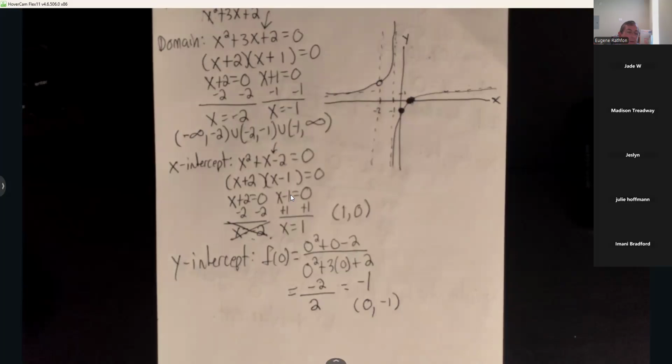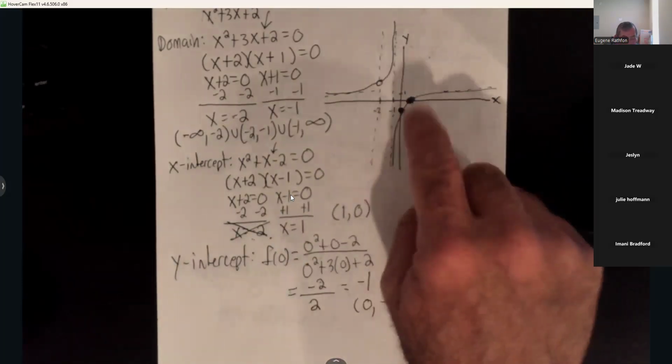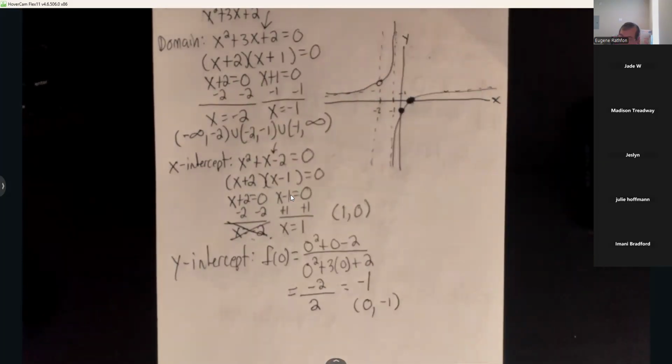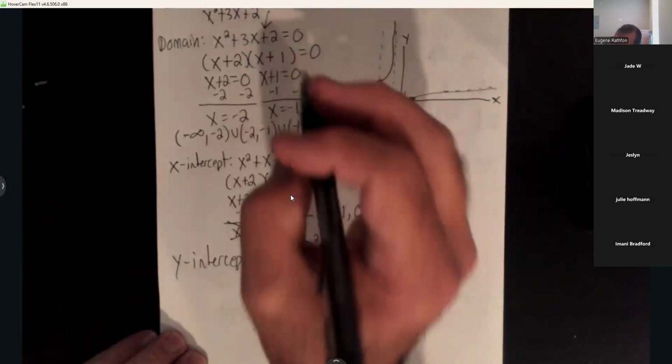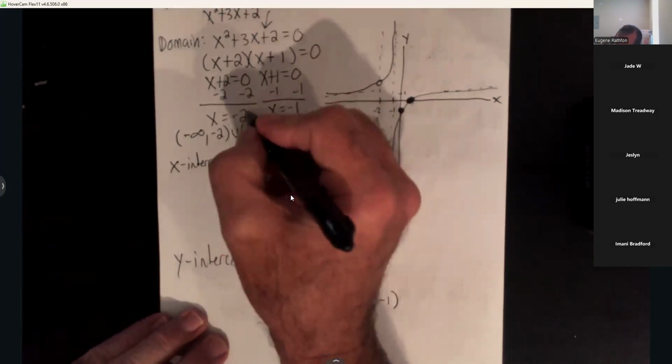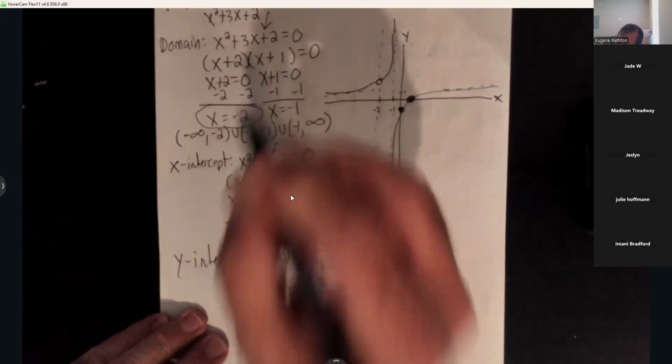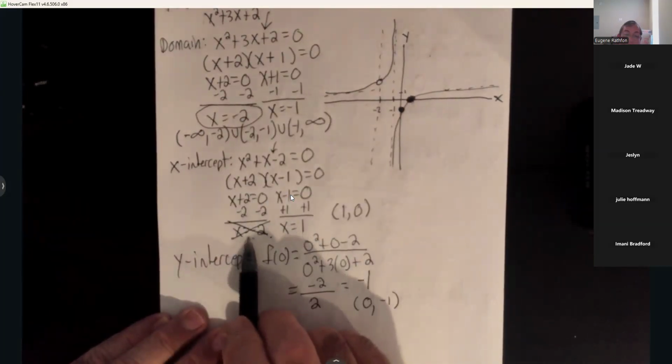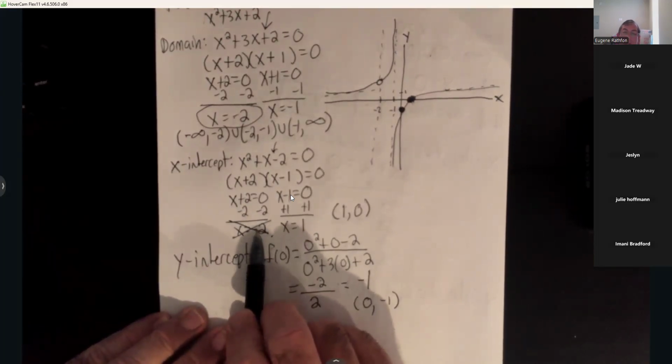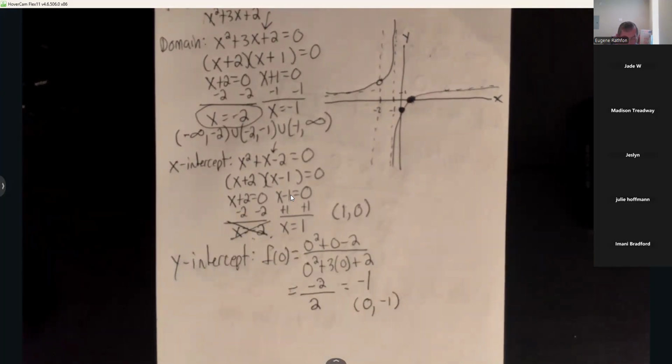But we don't have to worry about that a lot. You're just going to graph it and get one of them pictures. Just remember this. When you're kicking out a number from the domain, you cannot have an x-intercept at that number, okay? Because it's undefined.